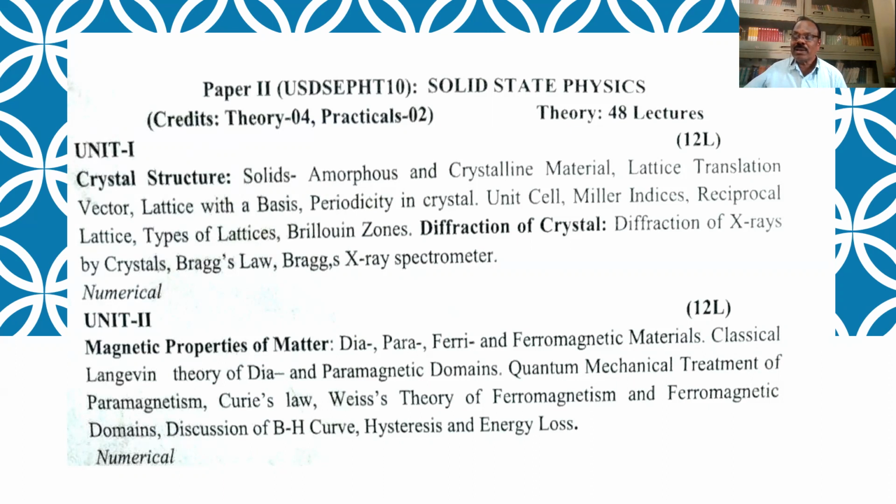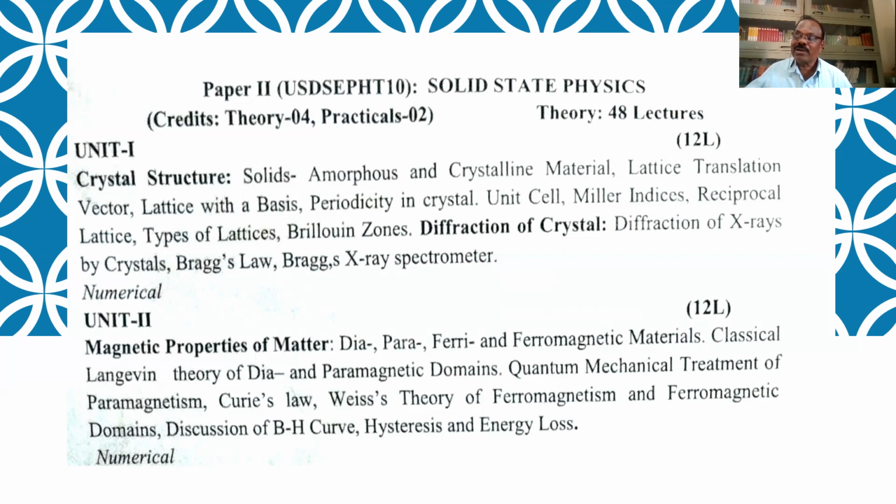Now, again in this case, we are studying the Bragg X-ray spectrometer. It consists of the Coolidge tube, which produces the X-ray at a very high intensity, and this X-ray is incident on the crystal, and the crystal plane diffracts the rays.